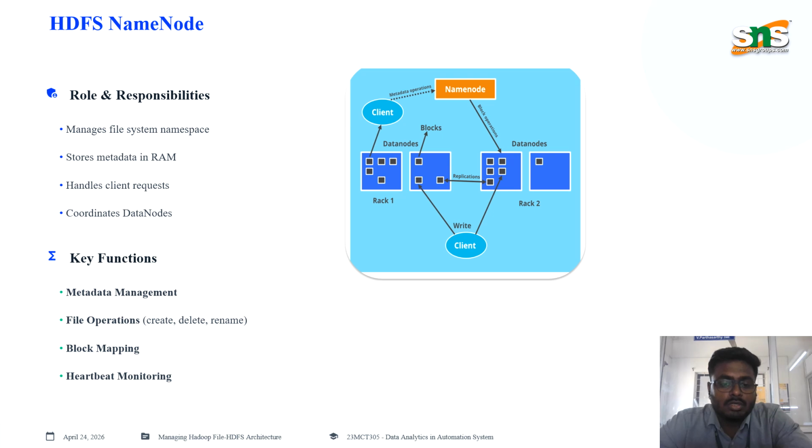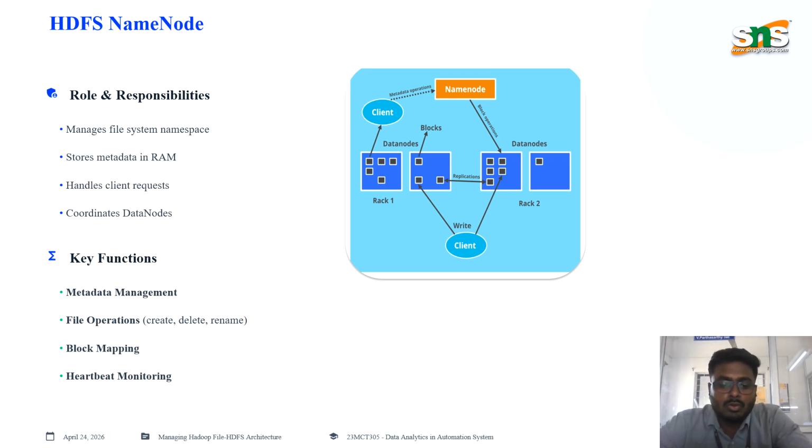The name node is the most important component in HDFS. Its responsibilities include managing the file system structure, storing metadata in RAM, such as file names and block locations, and handling operations like create, delete, and rename files.